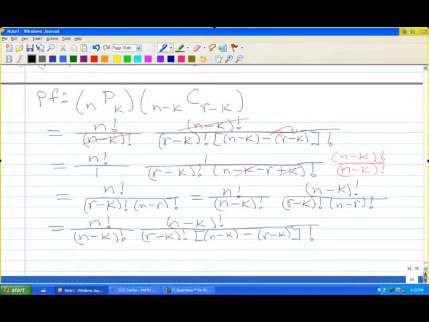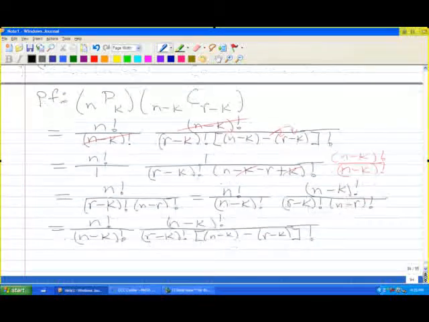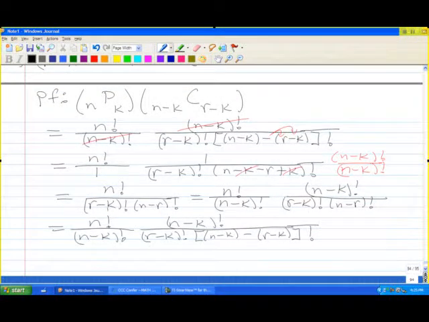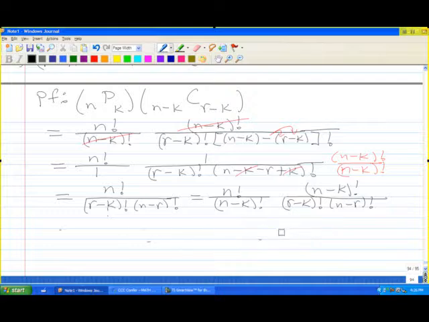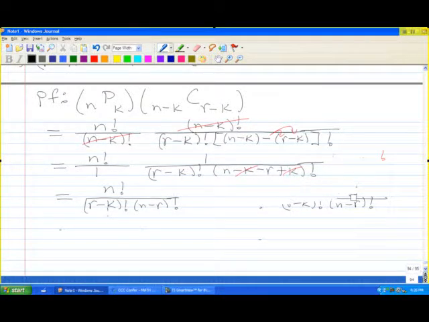Oh, I'm looking at the wrong side. I'm sorry, I decided to go the other direction. Erase, erase, erase. I wanted the other direction. Of course they're equal. They're the same thing.